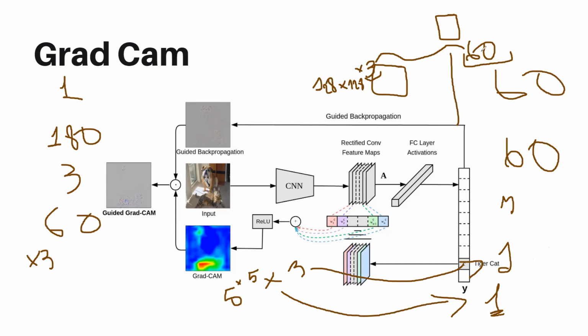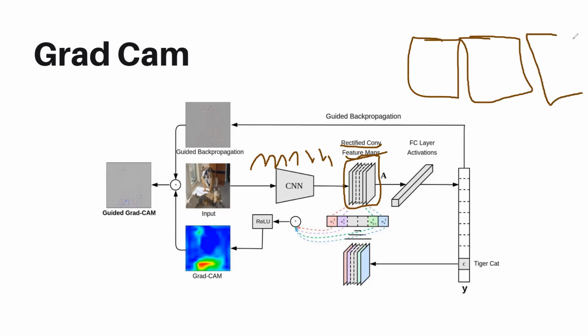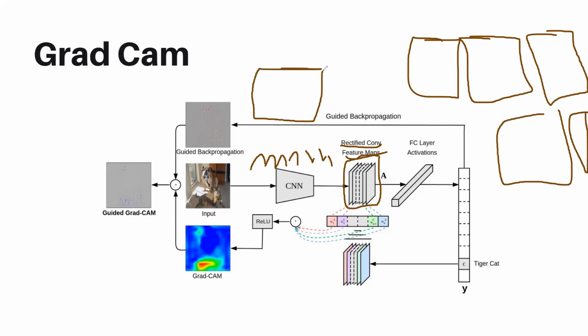So after a few CNN layers, we get these feature maps. These are the rectified convolutional feature maps. Simply, this is the output of the convolutional layer for the final layer. It should be like an image like this, but with a very large number of channels.